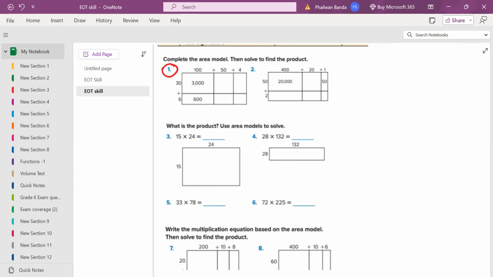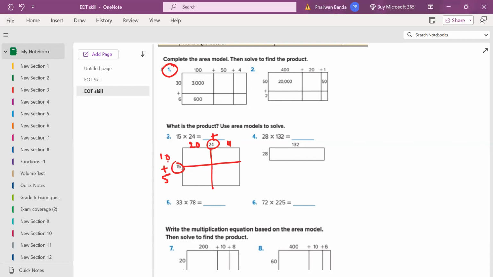Now next one, what is the product? Use area model to solve. It's again the same. So 15 and 24, how will you multiply 15 and 24 using area model? So I will split this 15 as 10 and 5 and break this 24 as 20 and 4. 20 plus 4, 10 plus 5, and draw two columns like this. Okay.